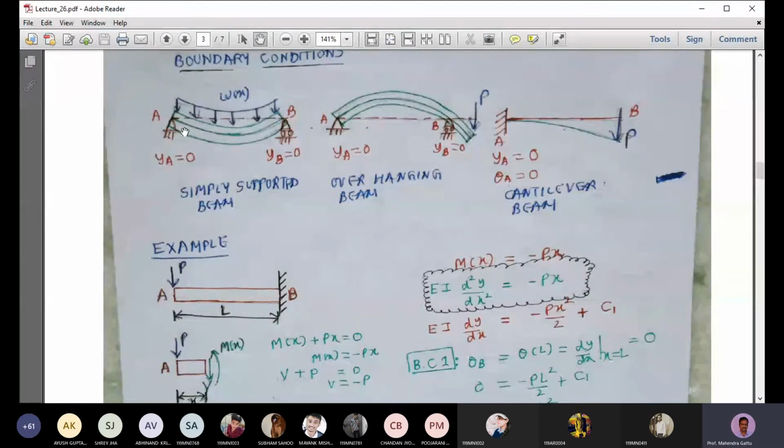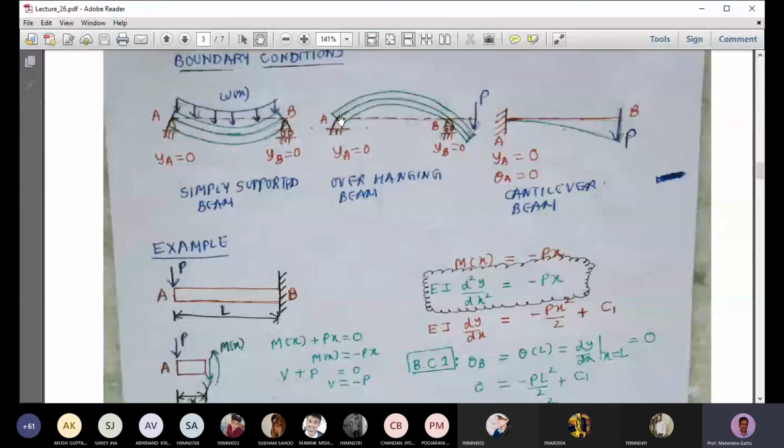At A there is no deflection, that is, there is no movement of this point in the y direction, and also at B there is no deflection in the y direction. So y of A is 0, and y of B is 0. That means y at x equal to 0 is 0, and y at x equal to L is 0.